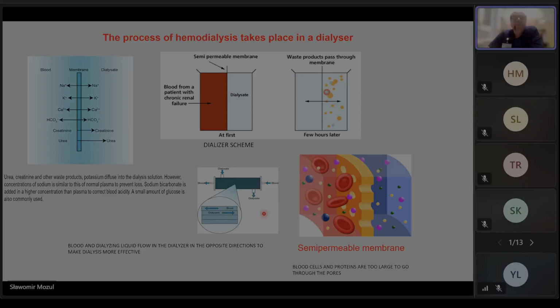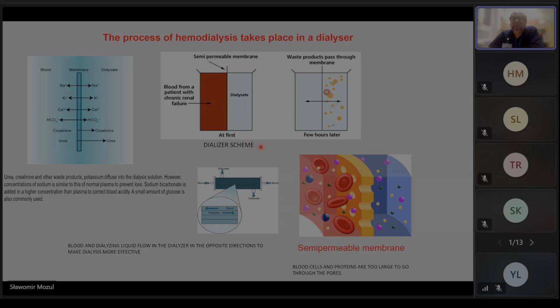In patients, the blood contains high concentrations of urea, creatinine, and other substances that are present only in very low concentrations in the dialysis fluid.